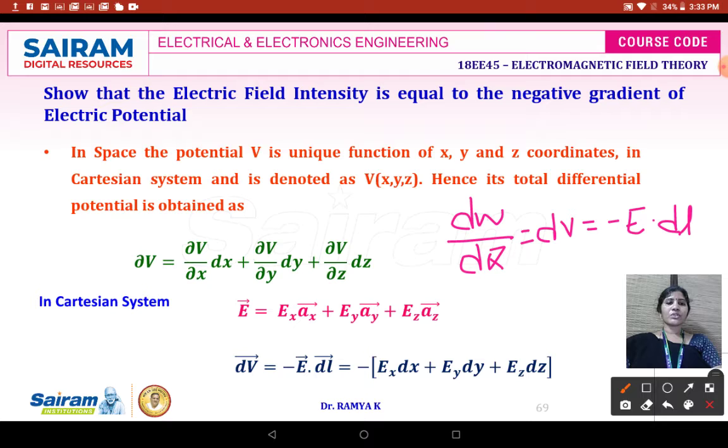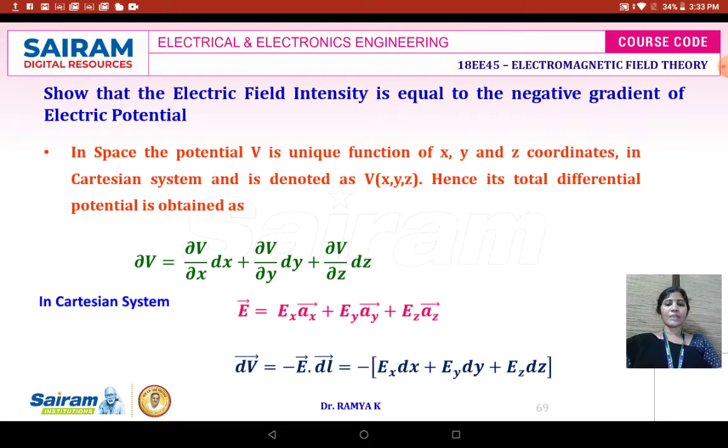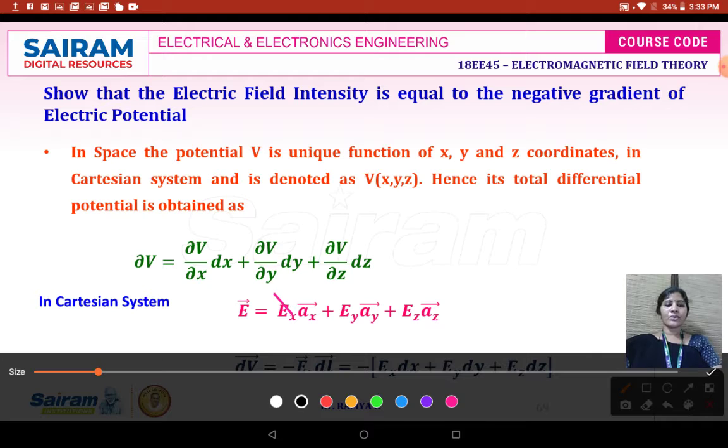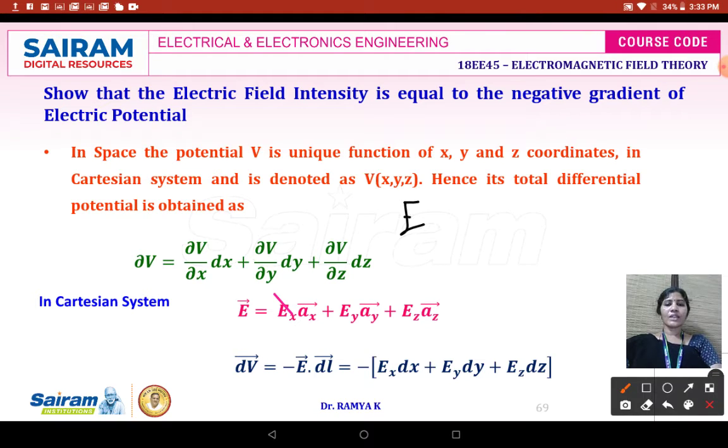Therefore, we need to substitute the values of dV and E here. In the place of E, we can substitute Ex into Ax plus Ey into Ay plus Ez into Az.